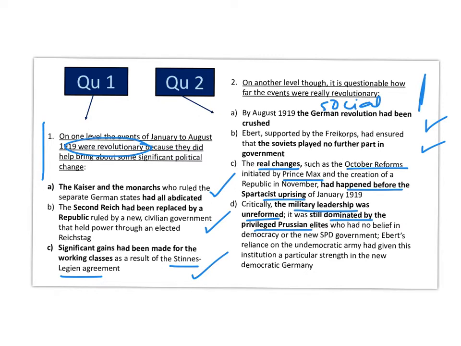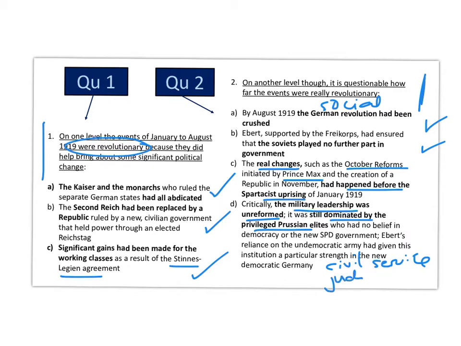And it wasn't just the military leadership, okay? The civil service was unchanged. And that's the apparatus that implements the law. The civil service is the police force, it's the government officers, the departments, the ministries, the Foreign Office. All of those were pretty much the same people in the top jobs.